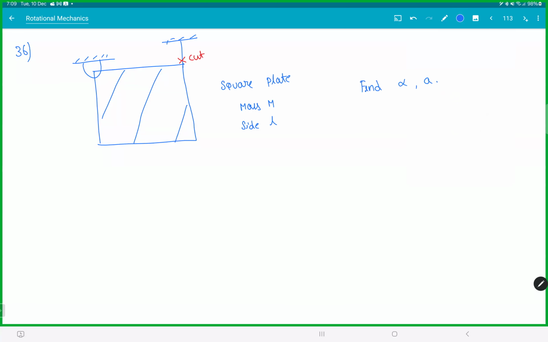Find alpha, acceleration of center of mass, and the hinge reactions just after cutting. Gravity is there.